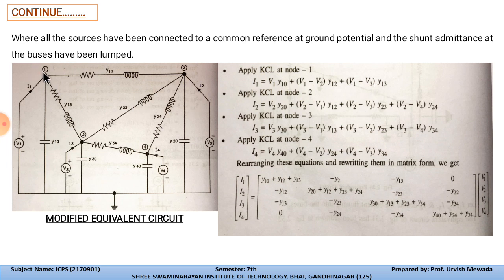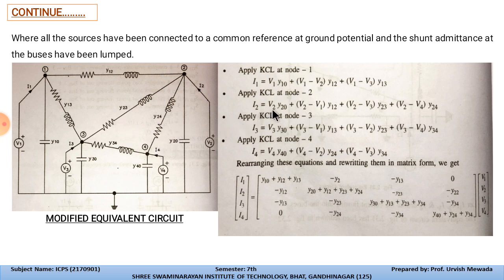The voltage between node 1 and node 3 is V1 minus V3, and the admittance of this line is y13. Similarly, applying the KCL at node number 2, node number 2 has a relation with nodes 1, 3 and 4. So let us consider.